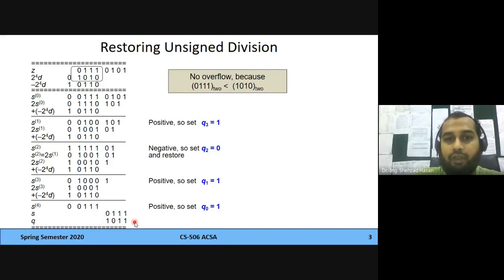Let's try to see what we were trying to divide. So this number is actually, what is this number? So we have a 64 here, and a 32, and a 16.